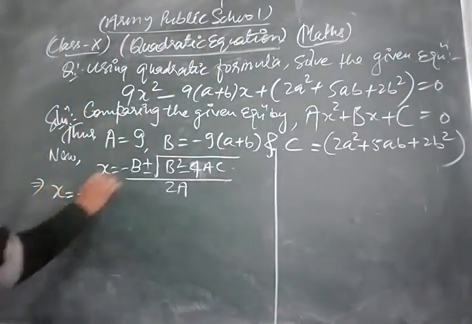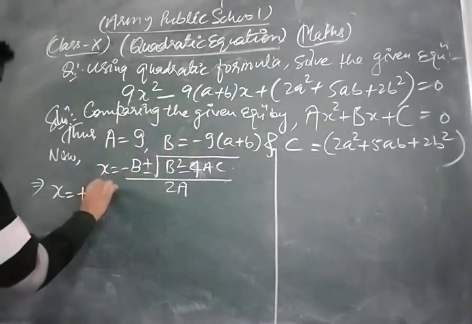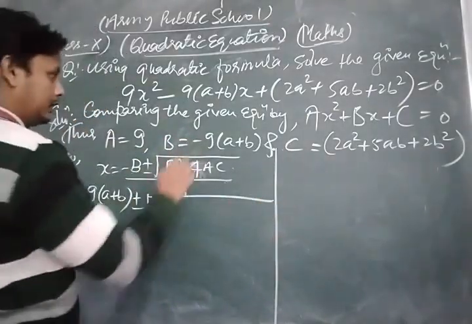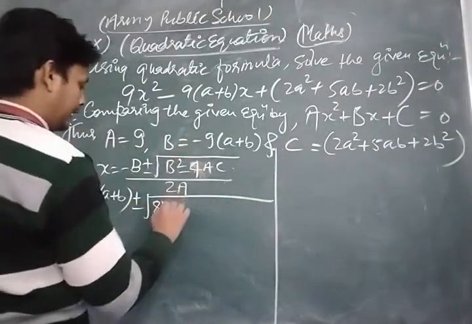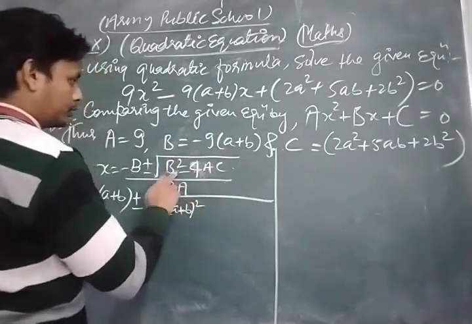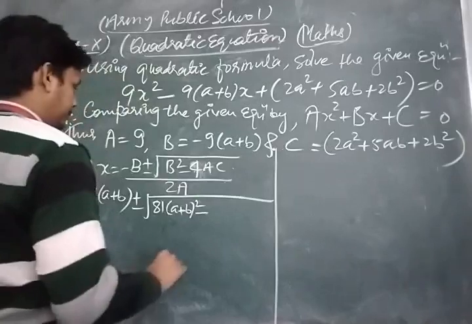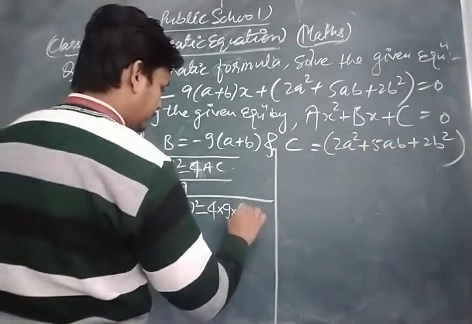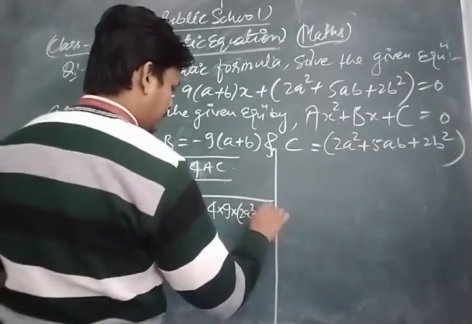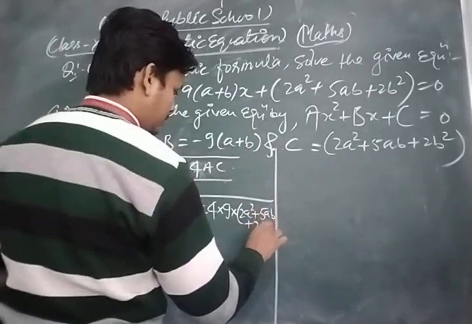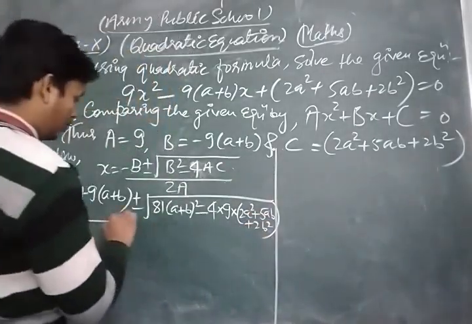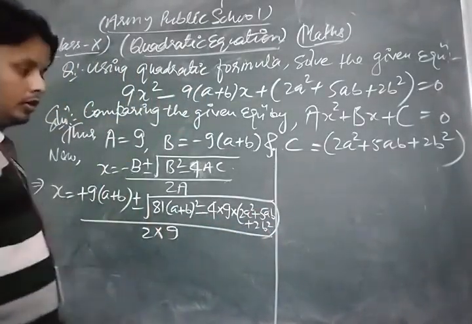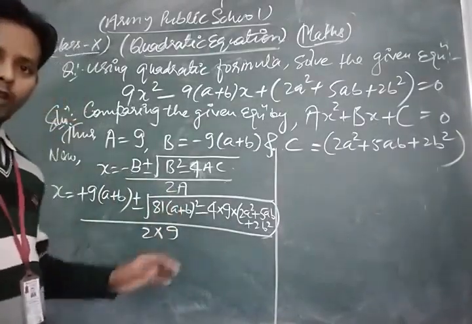So x is equal to minus b, which is minus minus plus, so 9 in bracket a plus b, plus minus square root of b square, which is 81 into a plus b whole square, minus 4ac: 4 into a is 4 into 9, and c is the whole term 2a square plus 5ab plus 2b square, and the whole upon 2a, which is 2 into 9. So first of all we put all the given values in the formula.